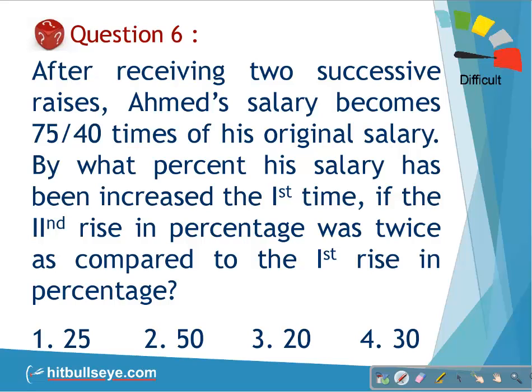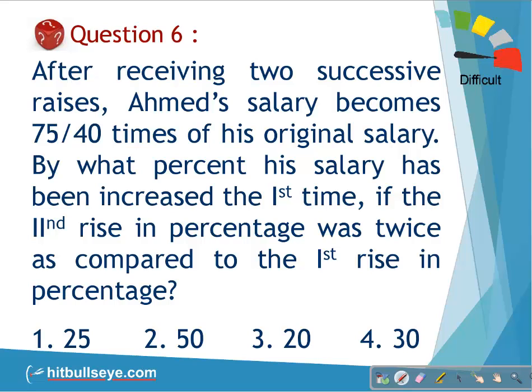The next question, after receiving 2 successive raises, Ahmad's salary becomes 75/40 times his original salary. Now, by what percent his salary has been increased the first time if second rise was twice the percentage as compared to the first rise? Now, let's examine the fraction first.